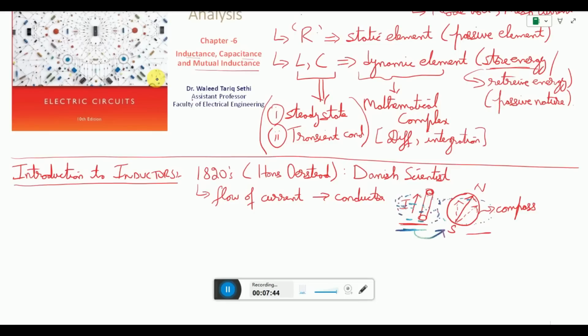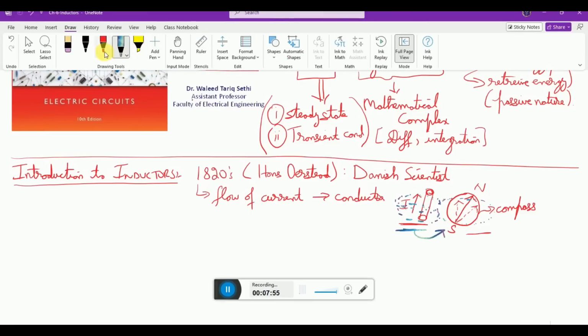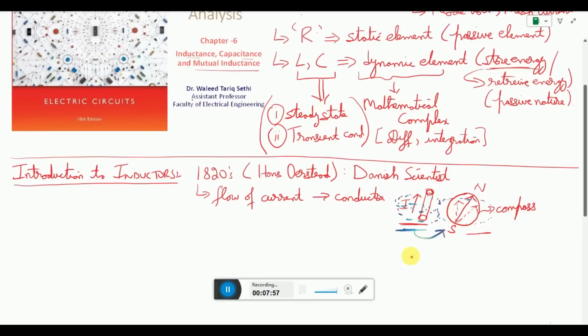So this was the first instance when the scientist came to this conclusion that electricity, or let me use a simple version, that electricity and magnetism are correlated, or one is able to generate the other and vice versa.